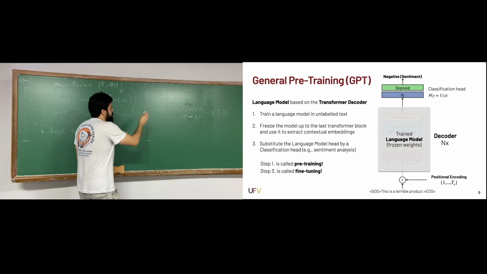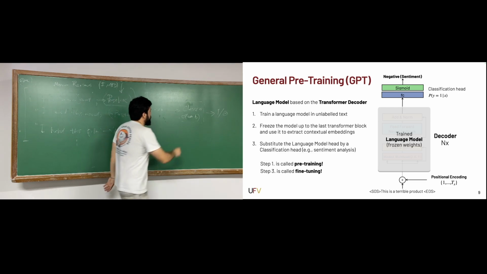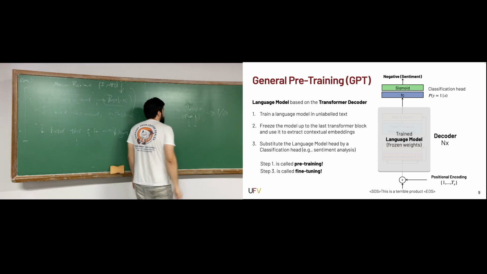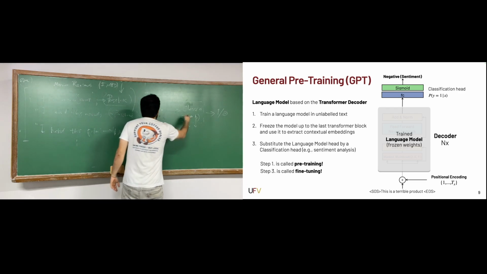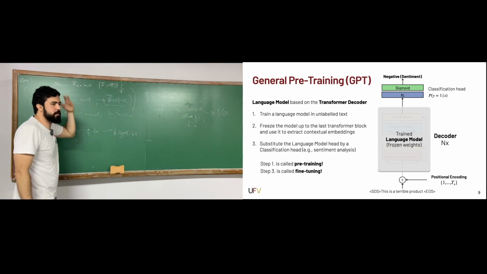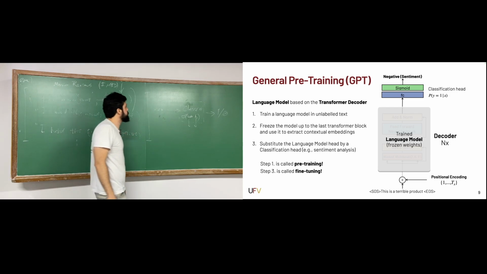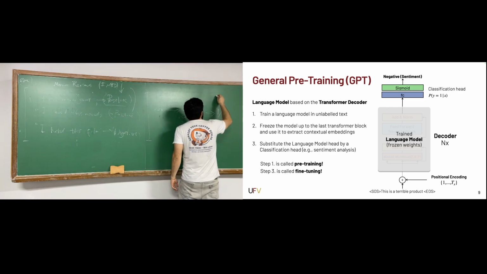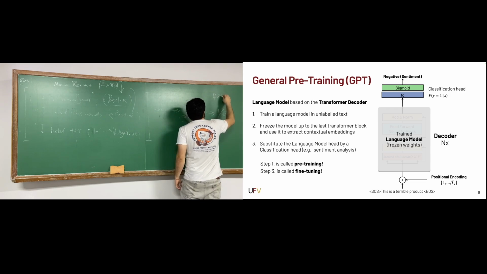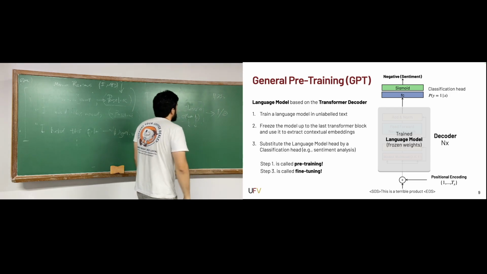Let's say you train these two weights from scratch, looking only at this data set, where your inputs are maybe one-hot encodings, or even embeddings from word-to-vec. By training this model, you could have maybe 72% accuracy.